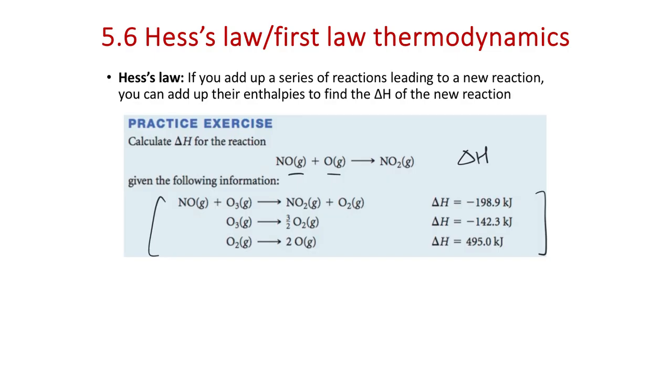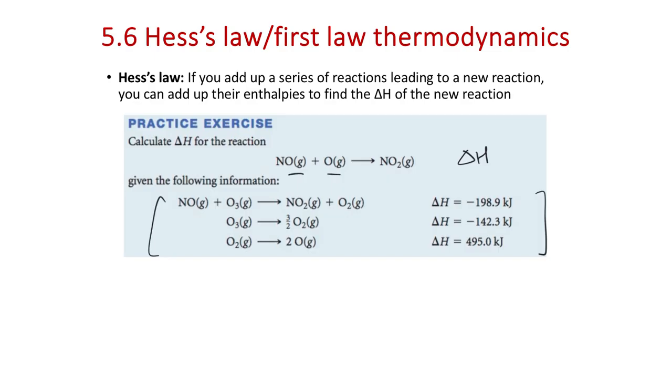We know ozone to O2, so O3 to 3/2 O2, and we know the delta H of that reaction: 1 mole of ozone turning into 1.5 moles of O2 has a delta H of minus 142.3. And the O2 bond breaking into 2 O atoms is plus 495.0 kJ.